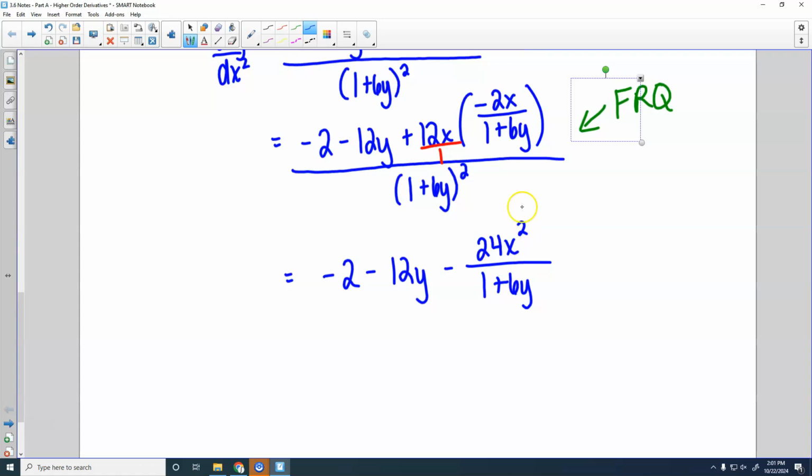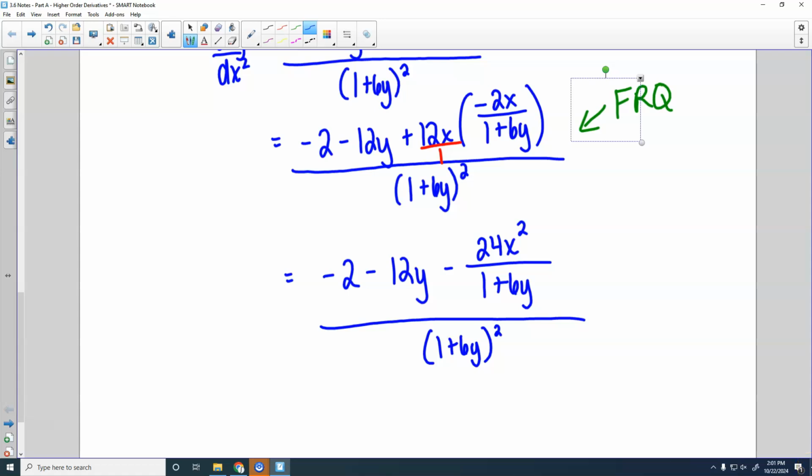I'm multiplying the 12x by the negative 2x to get that 24x squared, put the minus out front. And then the bottom, 1 times 1 plus 6y, is this. Okay, over 1 plus 6y squared. It is tempting to say, maybe we can just pull this 1 down here with that, but we cannot because it doesn't go with every term, right?